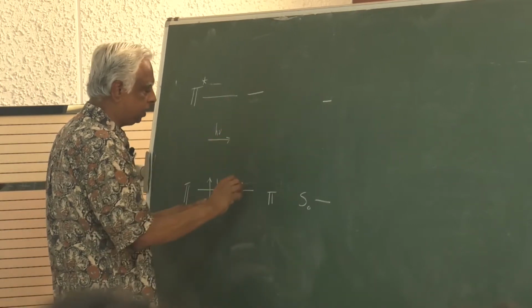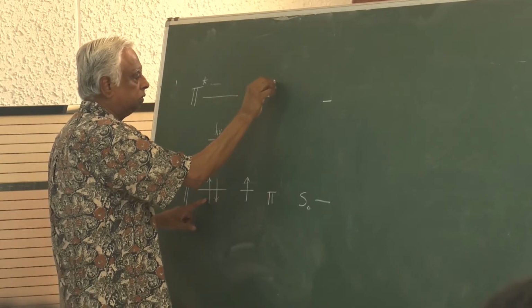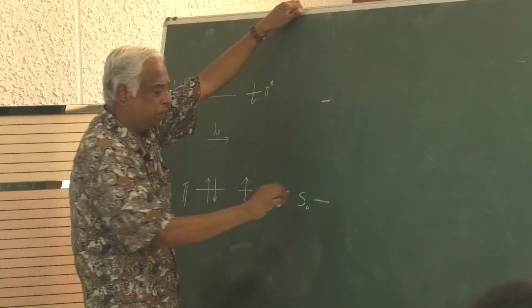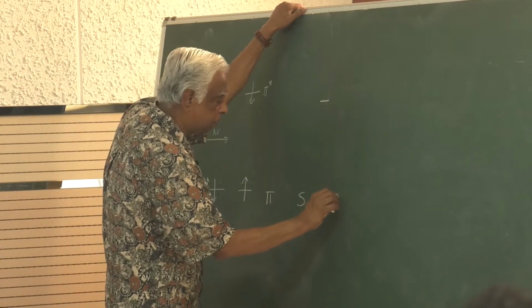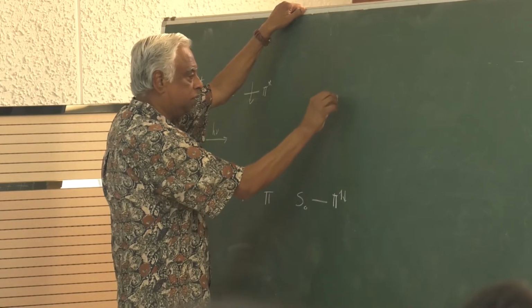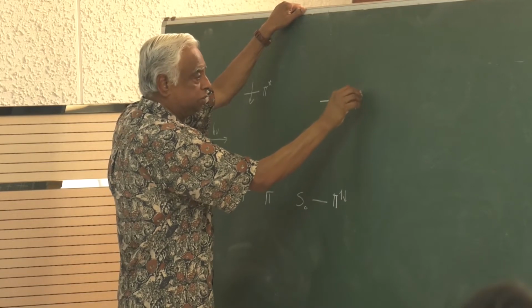So we will be calling that pi and pi star. This is pi, this is pi star. In the ground state, both the electrons are in the pi orbital. In the excited state, there is one electron in the pi and the other one is in the pi star.